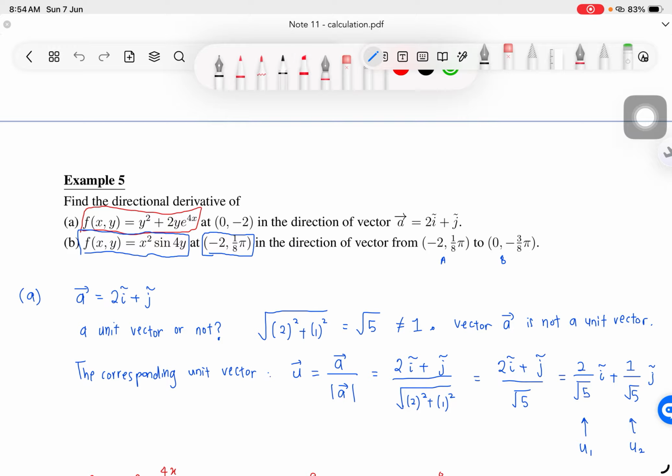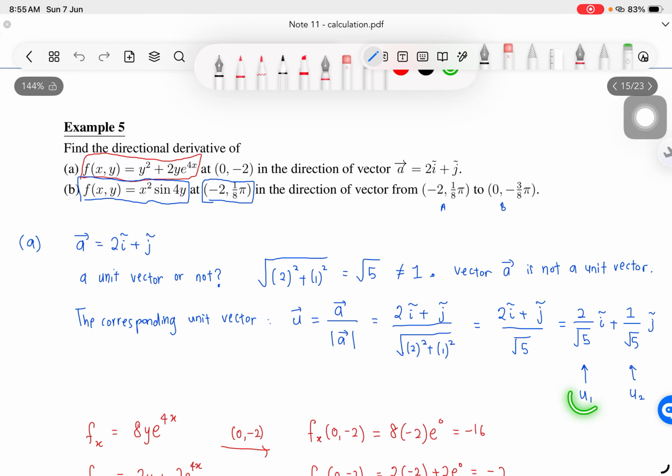So the vector a given is not a unit vector, and you need to find the unit vector of a using this formula: the unit vector is equal to vector a over the magnitude of vector a. So you obtain this one as the unit vector of a. It means that this one is your u1, and this one is your u2.